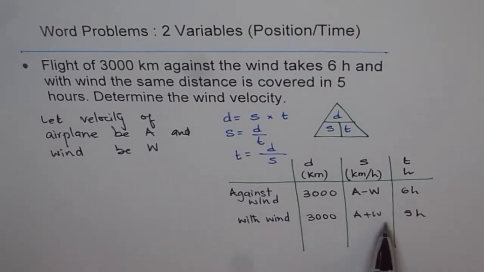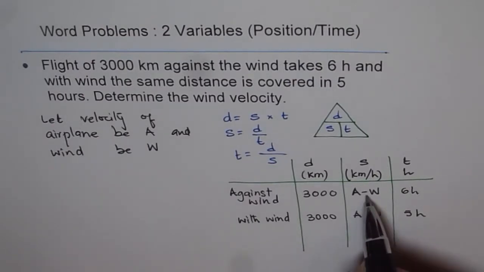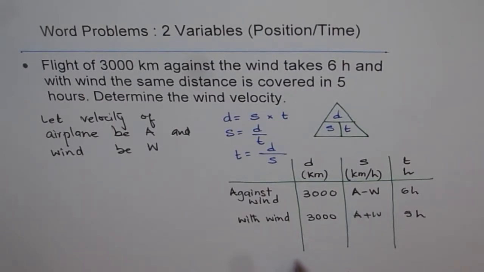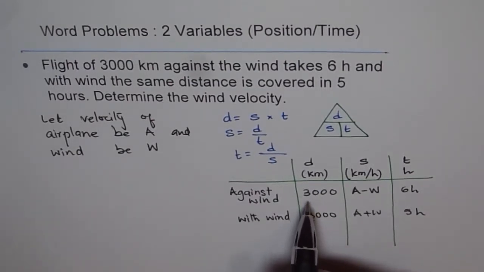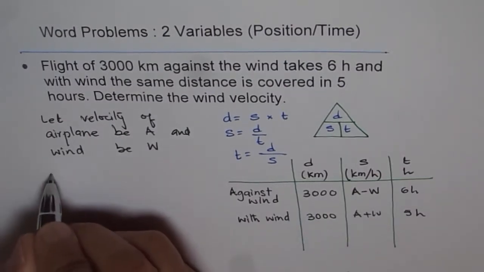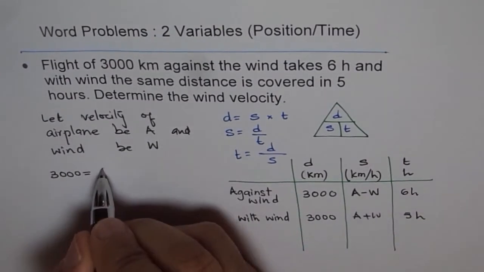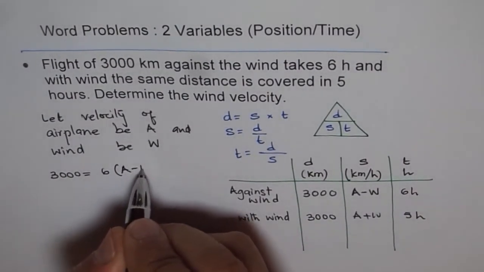Now we have table here and formulas there. These two things can help us form equations and solve for the variables. There are two variables, the speed of airplane and the speed of wind. Now how can you relate them? We know distance is speed into time. So let's write down both the equations. 3000 is the distance, so 3000 equals to speed into time, which is 6 times (a minus w).